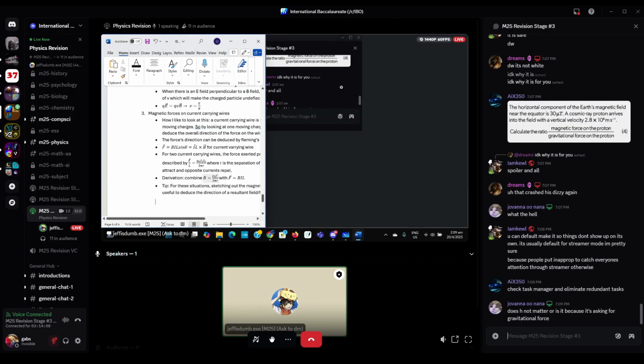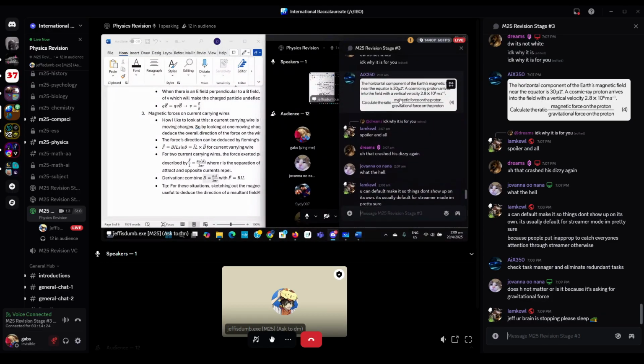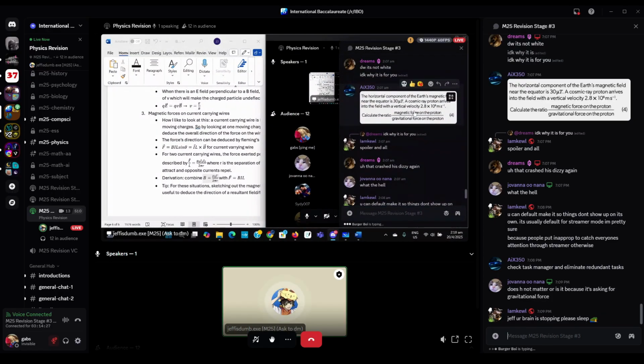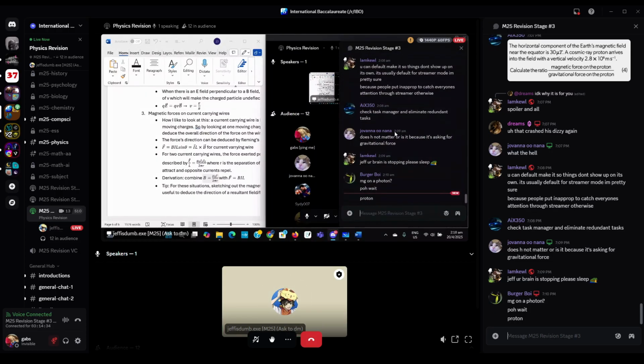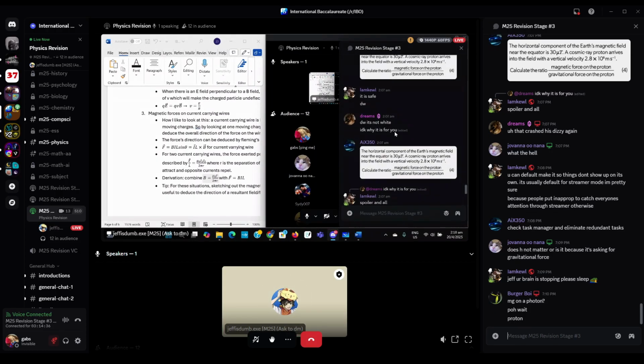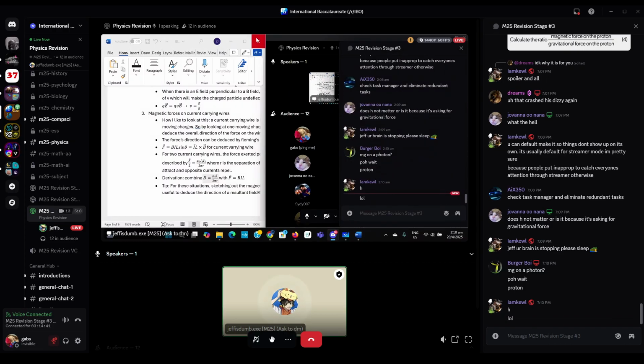As a final remark, to answer this question, find the magnetic force by doing QvB, and find the gravitational force by doing mg, because you know the proton rest mass and you know g. And it's a proton, not a photon. Yeah, then you'll get it.